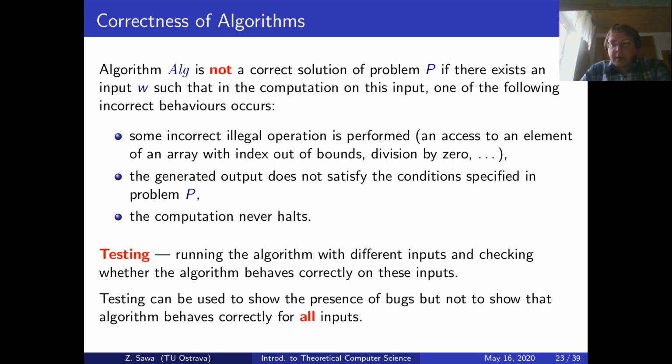So these are basically the three main reasons why an algorithm is not correct: either it performs some illegal operation, or it produces some incorrect output, or it does not halt.